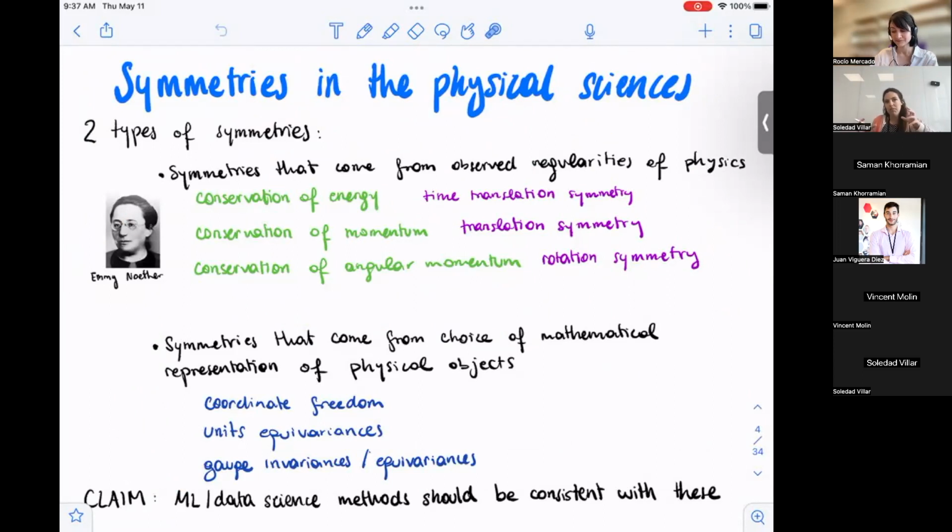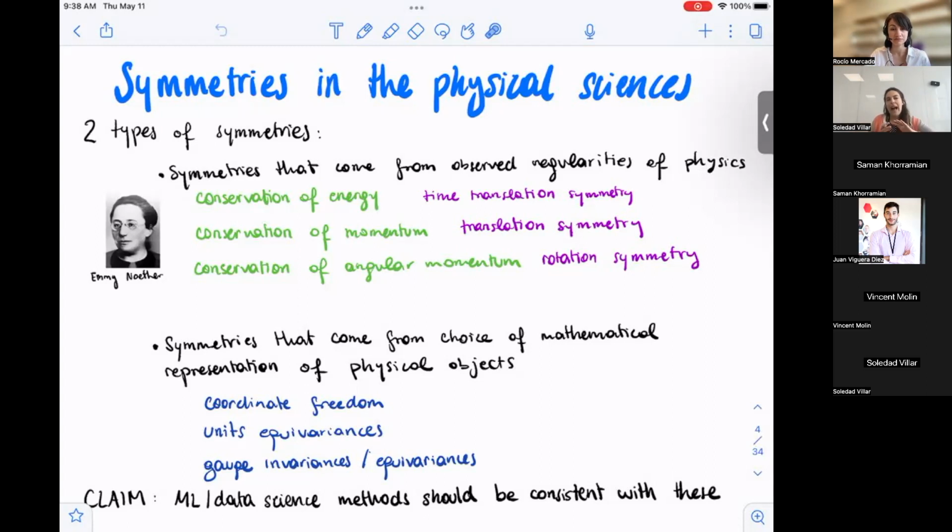For instance, if I have a physical system, I can express it in different coordinate systems, or I can use different units to express the mass, like either kilograms or pounds. And so if I do a transformation in the units, the system doesn't really see this transformation, and therefore it doesn't care. So the machine learning models that one designs have to be equivariant with respect to these coordinate transformations that can be units or coordinates or gauges in the case of manifolds.